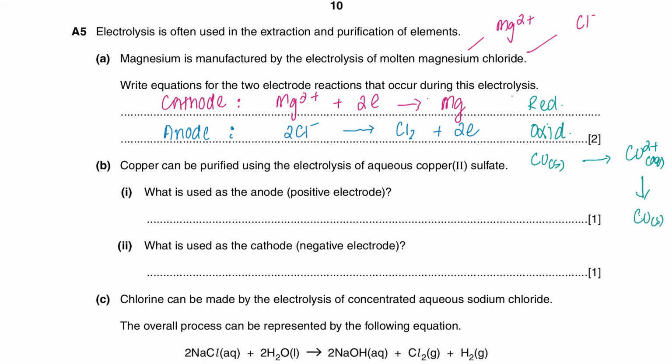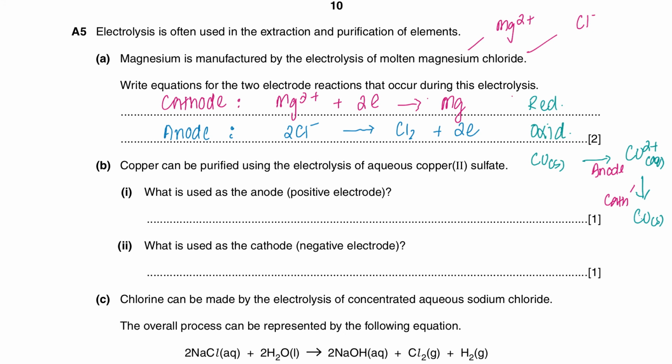The first step can only happen at the anode, right? Because it loses its electrons. This is the anode part, and this is the cathode part.